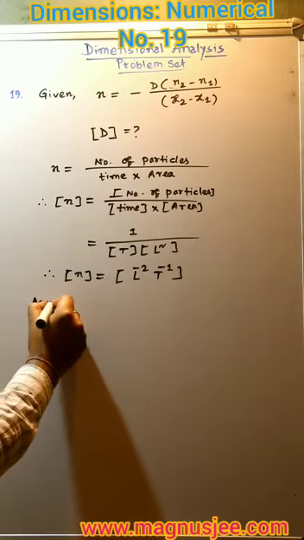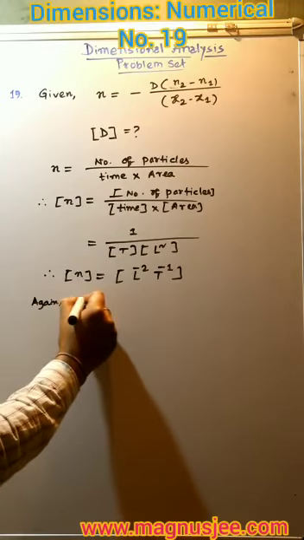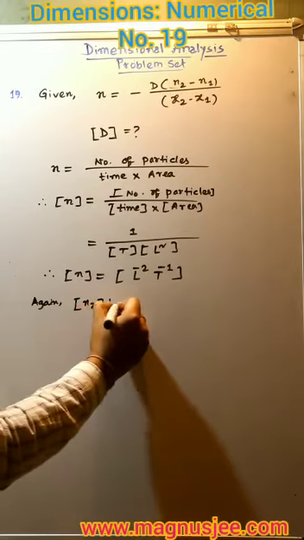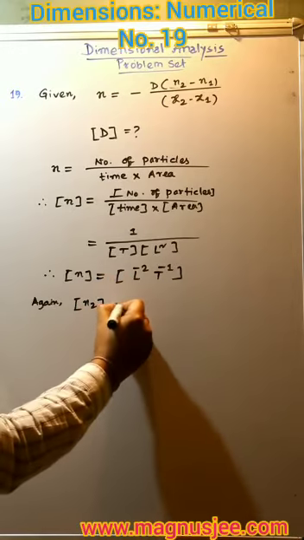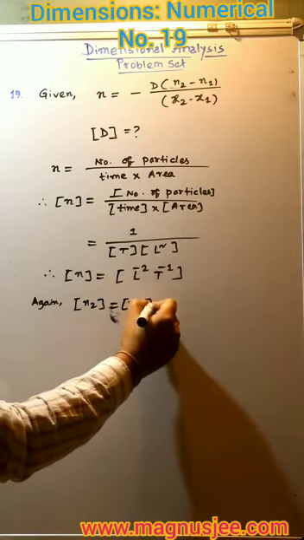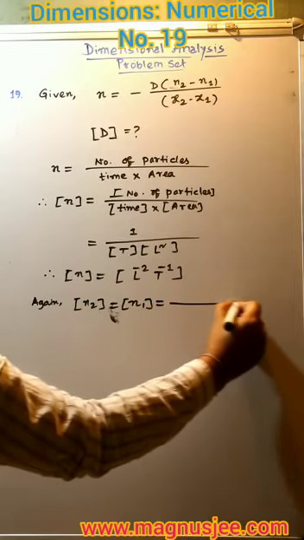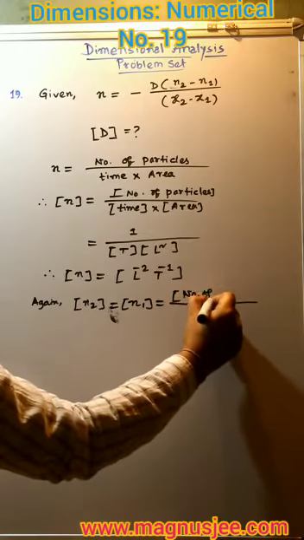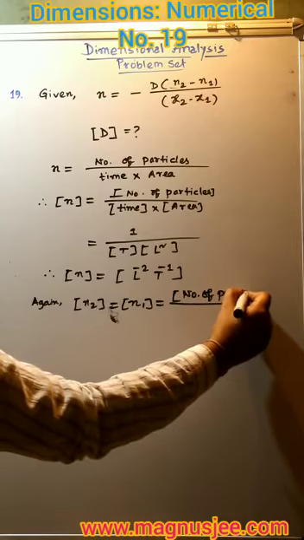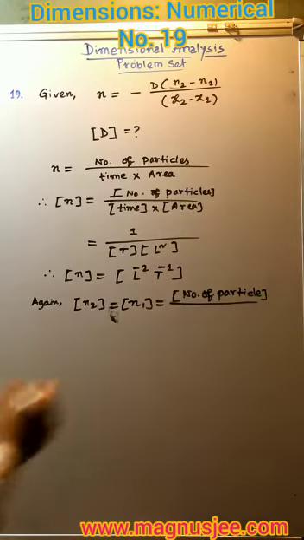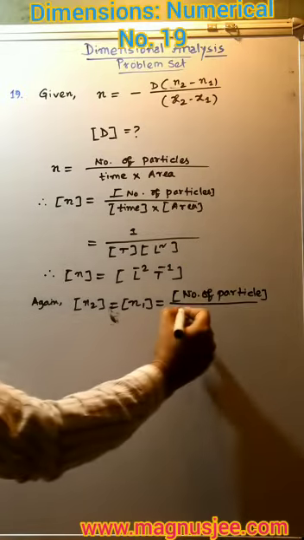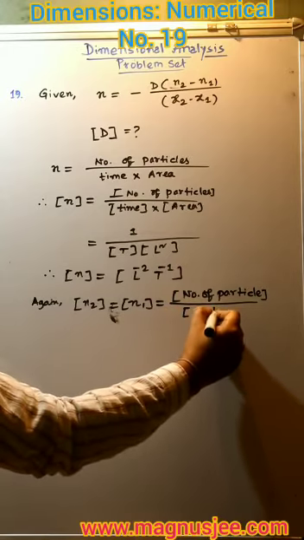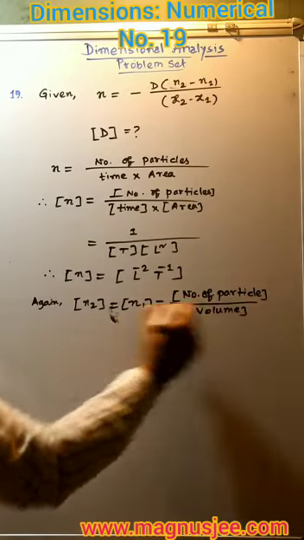Again, we know that the dimension of n2 is the same as the dimension of n1 because n1 is subtracted from n2. According to the question, n2 and n1 are the number of particles per unit volume, so divided by volume.